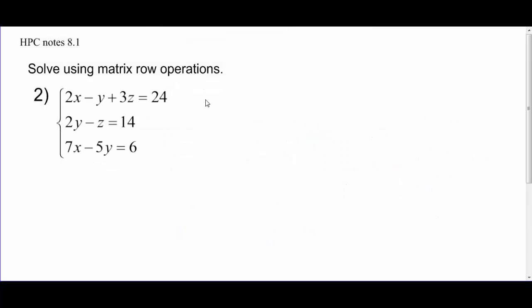Alright, so let's take a look at number 2. The first thing I'm going to do is write this as an augmented matrix. You'll notice that we have 3 variables this time, and we have to put in zeros any place we have a missing term, like right there, that's a 0x. And then on the last row, we're going to have a missing y value, so we plug in a 0 right there.